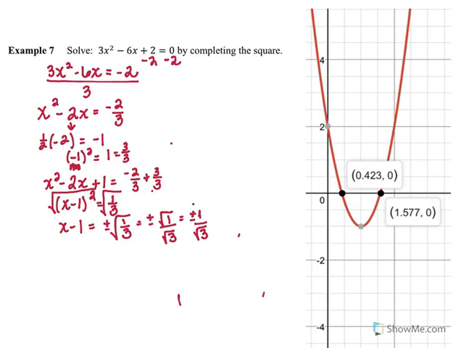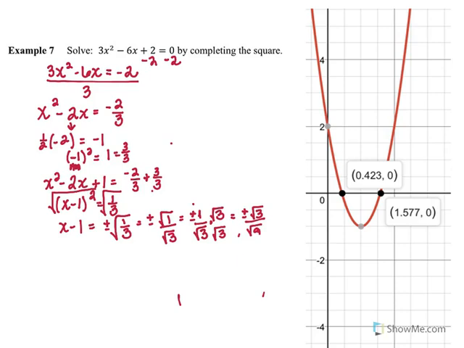We don't like to have a radical in our denominator, and we've talked about that in Algebra Prep 3. So I'm going to multiply this by the square root of 3, because I know the square root of 3 times the square root of 3 is the square root of 9.